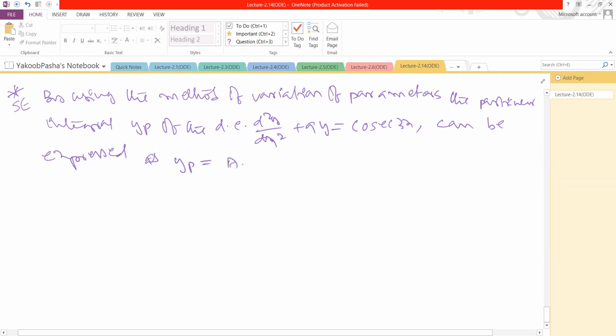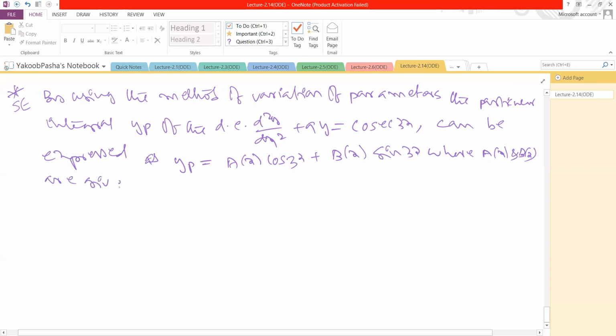A of x into cos 3x plus B of x into sin 3x, where A of x and B of x are given.